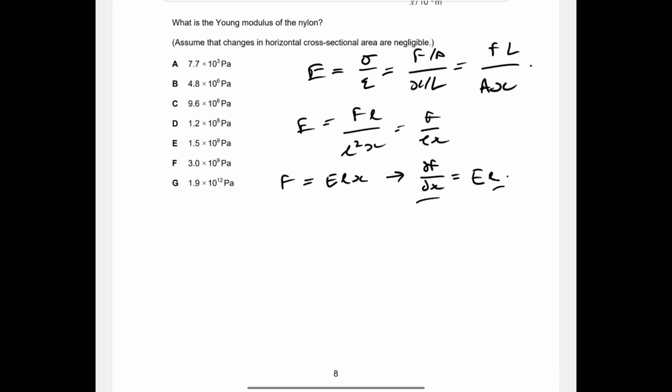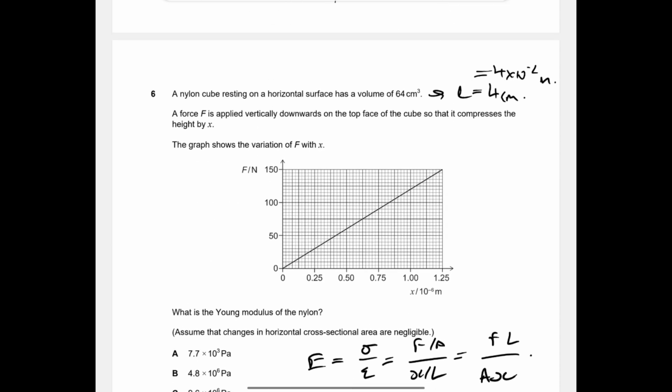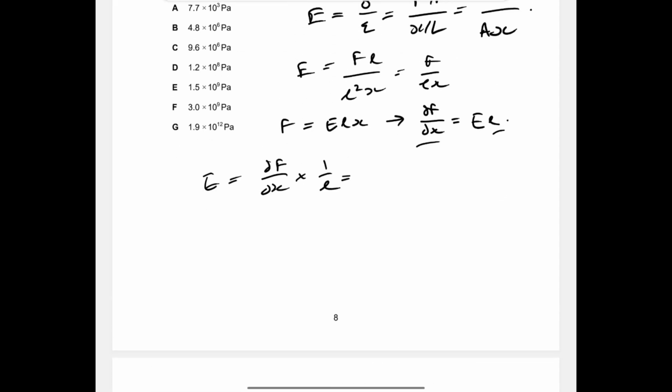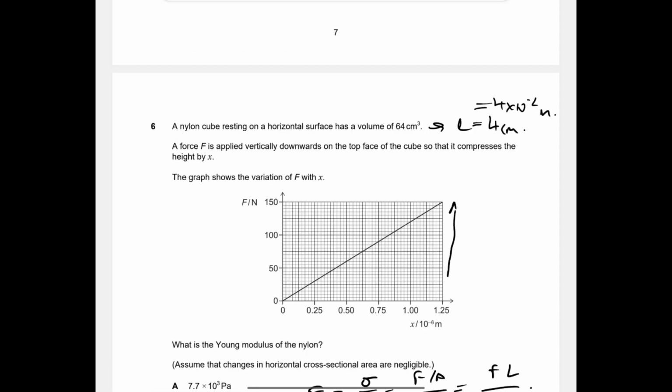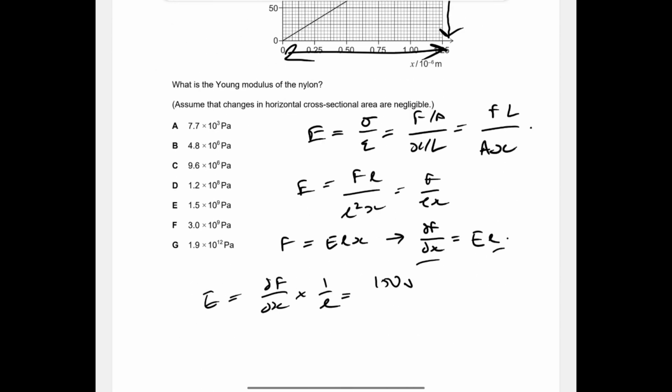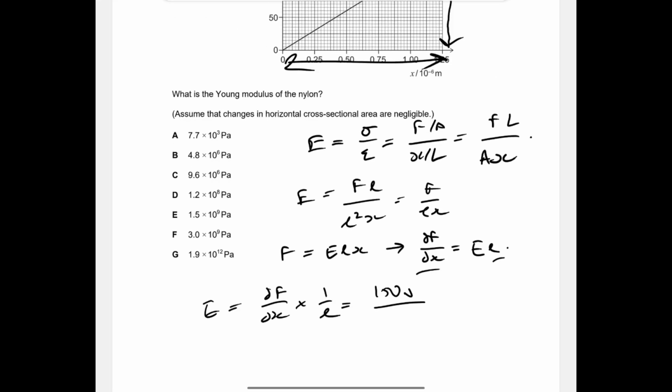So we know this, we know L. So the Young's modulus is going to be dF over dx times 1 over L, where dF over dx is going to be 150 newtons up here with this change over 1.25 times 10 to the minus 6 meters.